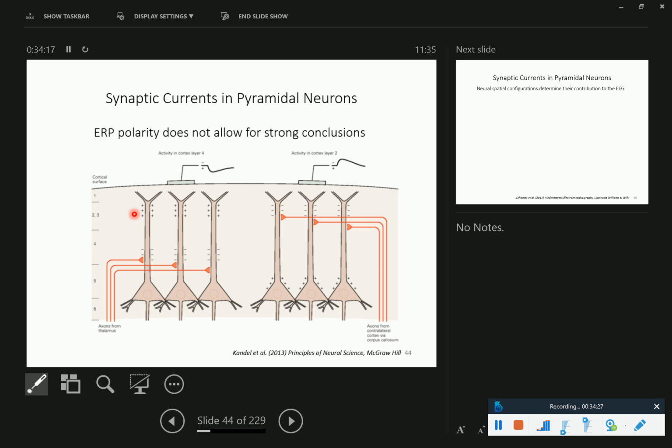So the bottom line is you have this input to the pyramidal cell apical dendrites, which are in parallel. These induce electrical currents here, and you can pick up the effects of this dipolar activity at the EEG electrode.